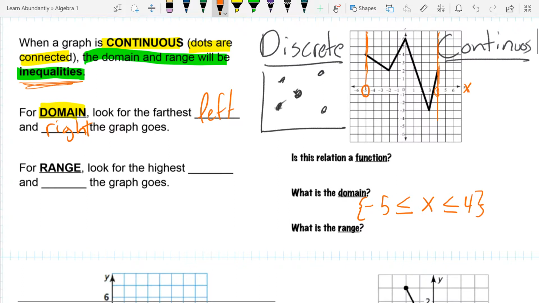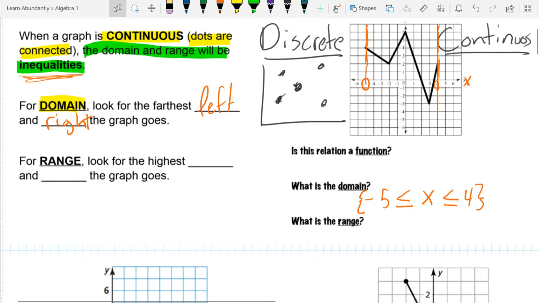And then we want to look at the range. The range is not from left to right. It's not the x's, because remember, the range, we're talking about the y values. So for the range, we're looking for the highest and lowest, up and down. So we want to go up and down on this one. And I can see that the highest point on the y-axis is at 6.